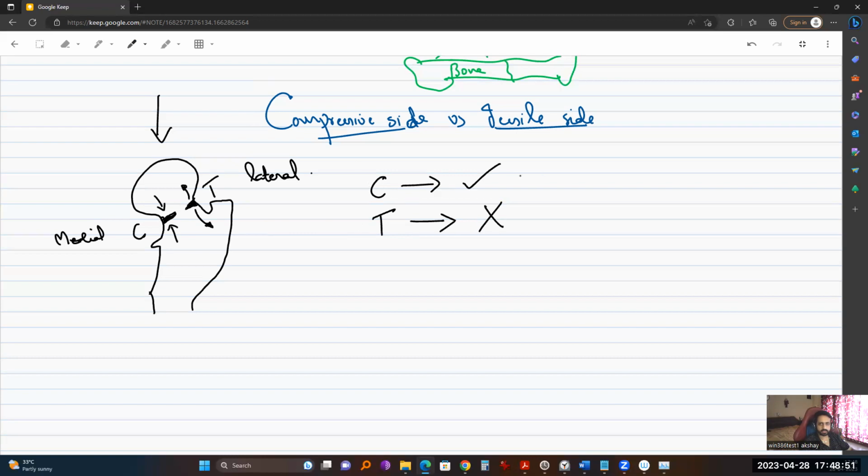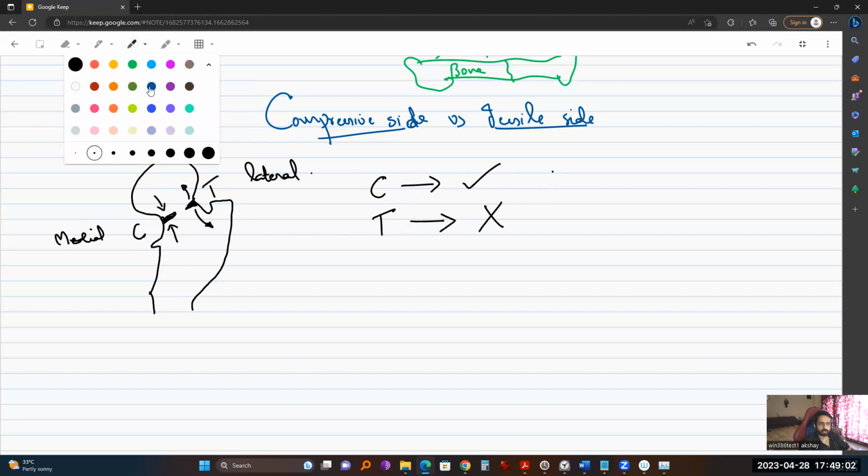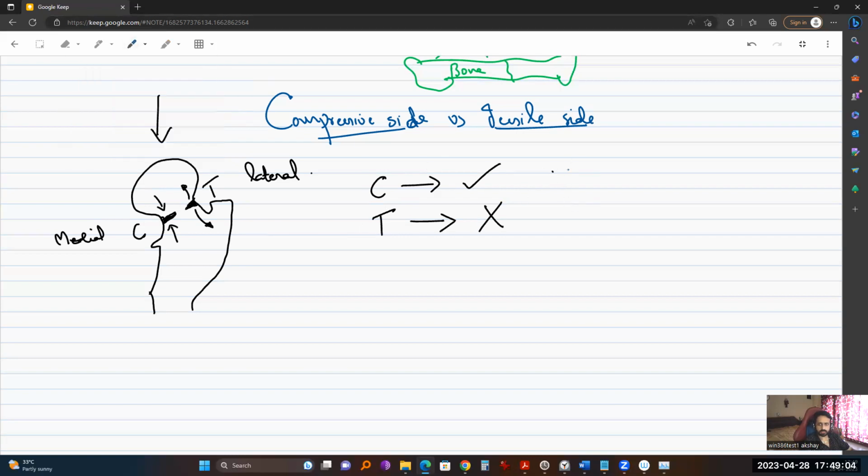This compressive fracture, that is the fracture on the medial aspect of the femoral neck, is more commonly seen in young people, whereas this lateral aspect is mostly seen in old people.